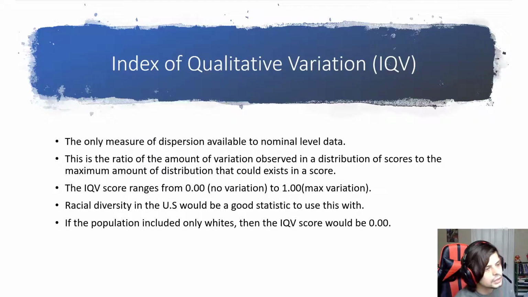Now what IQV does is it just says, this is a diversity score. If the IQV score is 1, then it's a very diverse data set. If the IQV score is 0, then it has no diversity. Or in this example, if you had a sample size of 100 people and they were all white, then your IQV score would be 0, representing no diversity. Pretty simple.